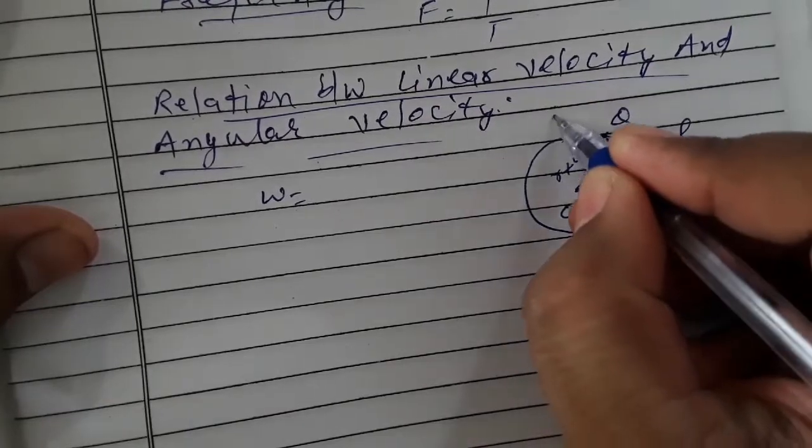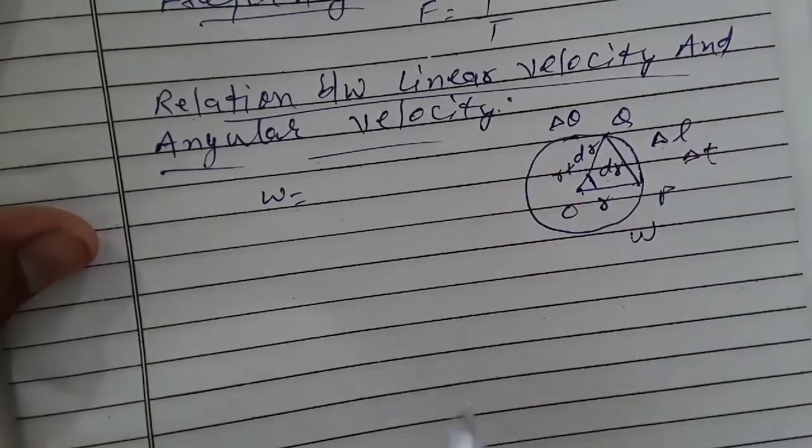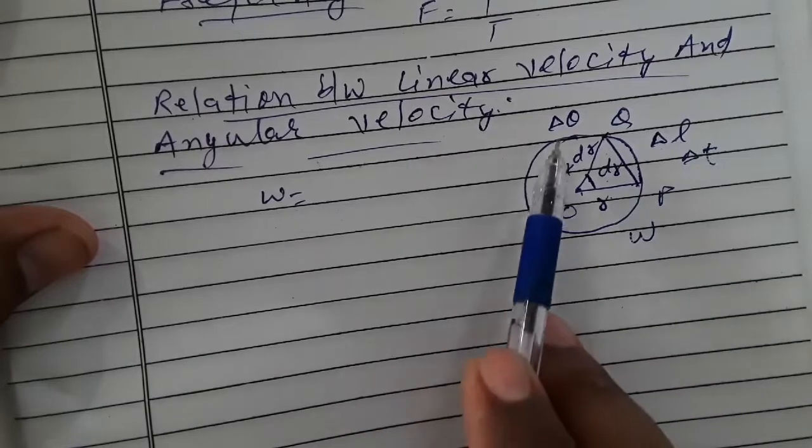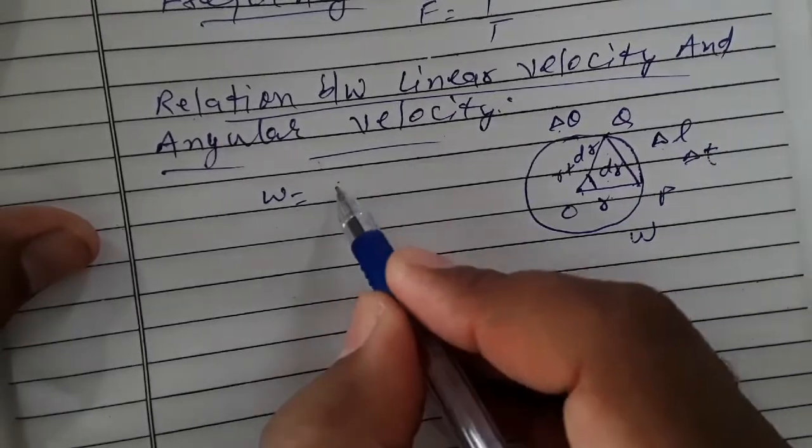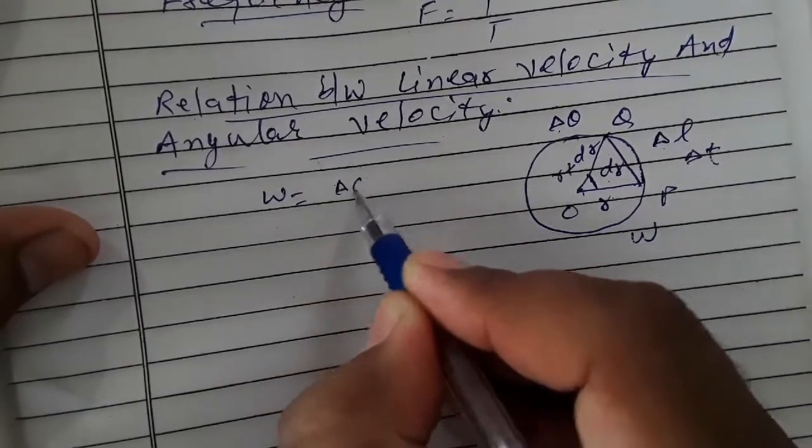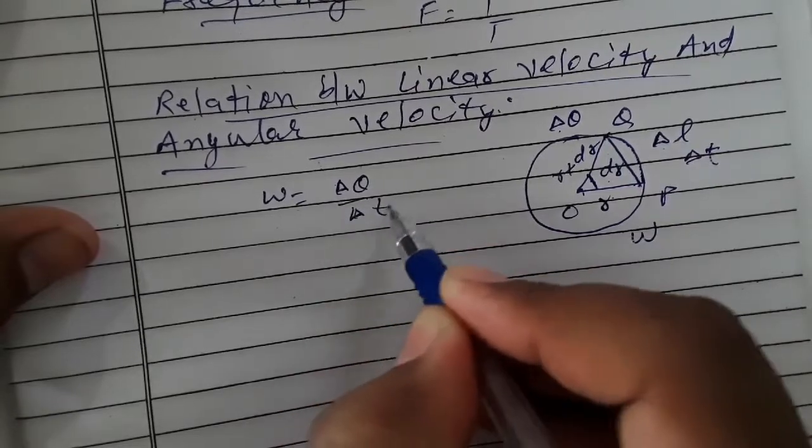Angular velocity is angular displacement upon time taken, so omega equals delta theta upon delta t.